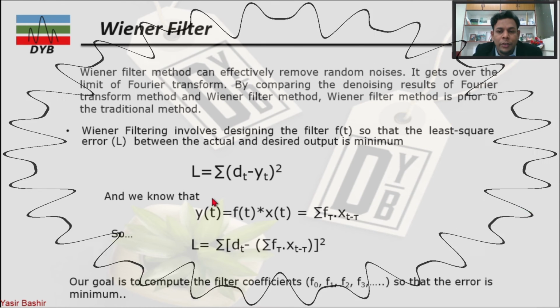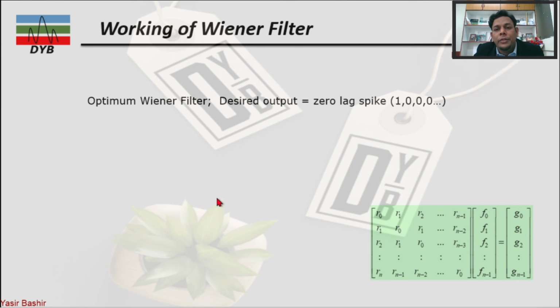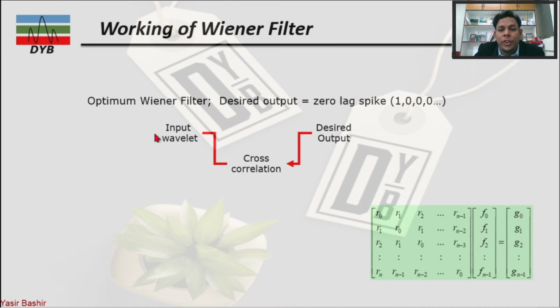I'm going to give you an example of the Wiener filter. So how does it work graphically? We have the input wavelet and we have the desired output. What we do is cross-correlate this desired output and input wavelet to get the Wiener filter.